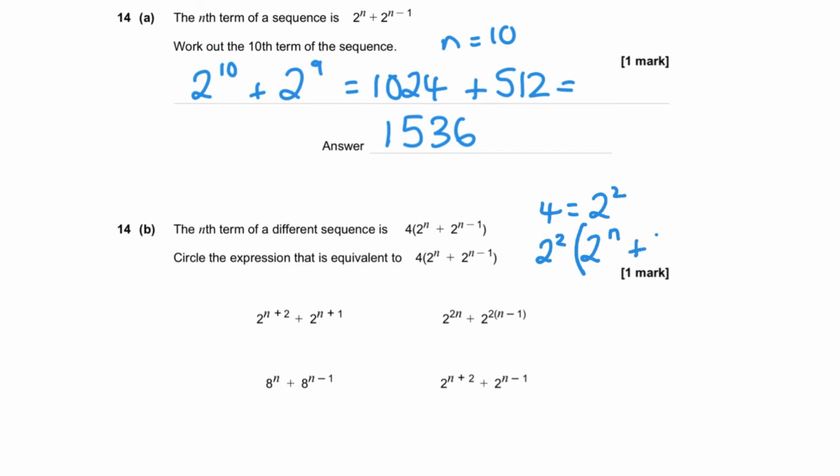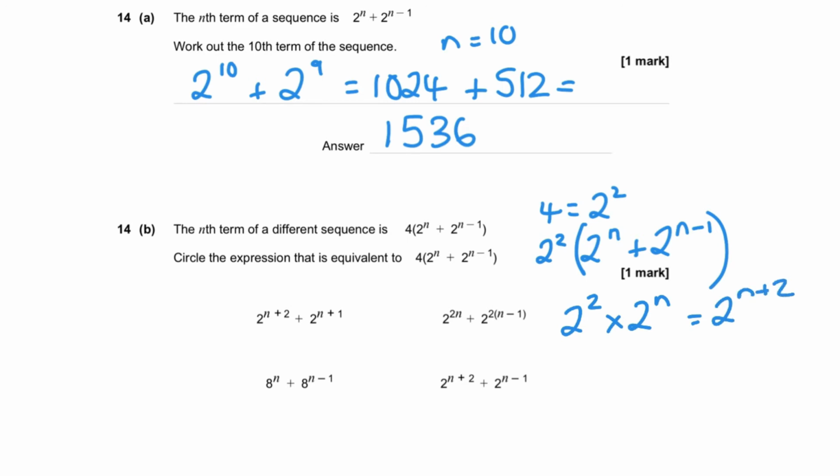So if we replace that in our equation, we've got 2 squared, 2 to the power n, plus 2 to the power n minus 1, then some of our indices rules come into play. So if we expand out these brackets, we've got 2 squared times 2 to the power n. So we know that when the bases are the same and we times them together, we need to add the powers. So that gives us 2 to the power n plus 2.